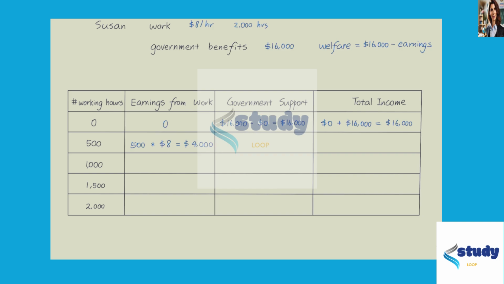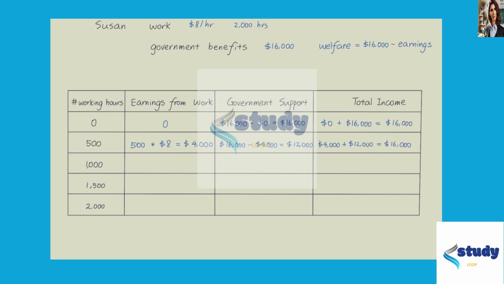And her level of government support will be $16,000 minus $4,000, which is $12,000. And her total income in this case will be her earnings from work, that is $4,000, plus the government support, which is $12,000. And that gives us $16,000.